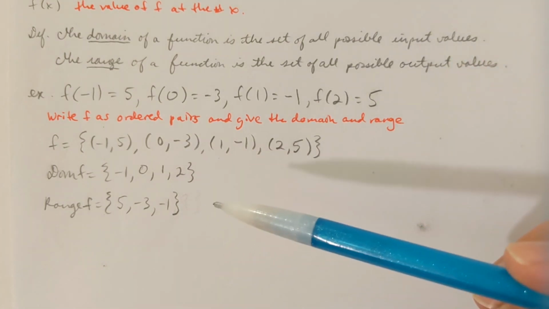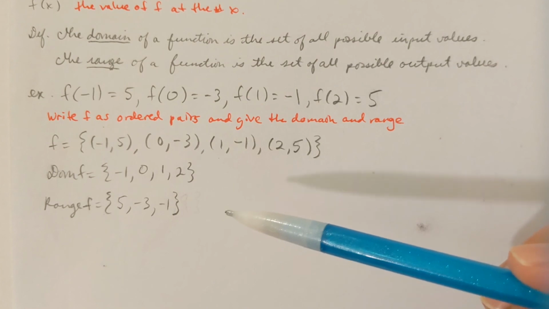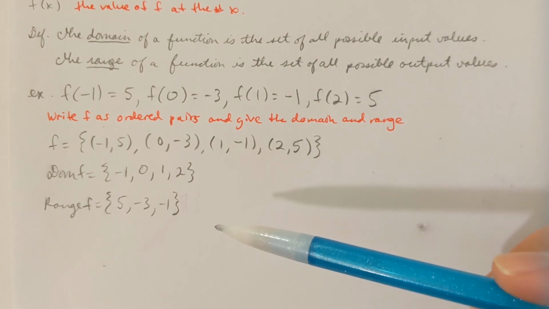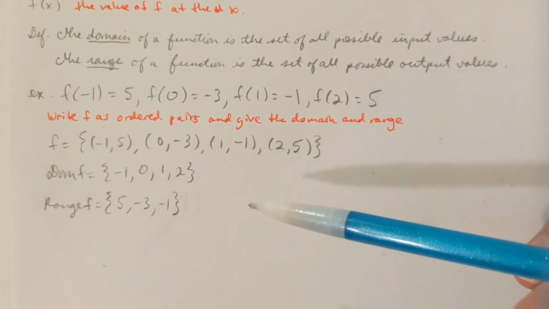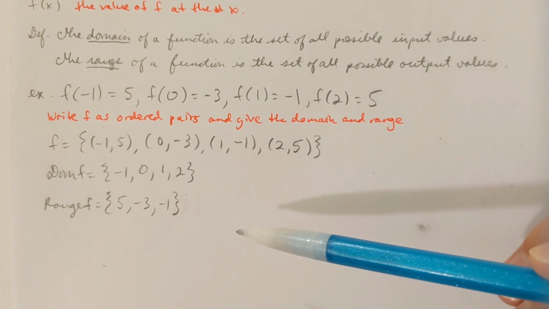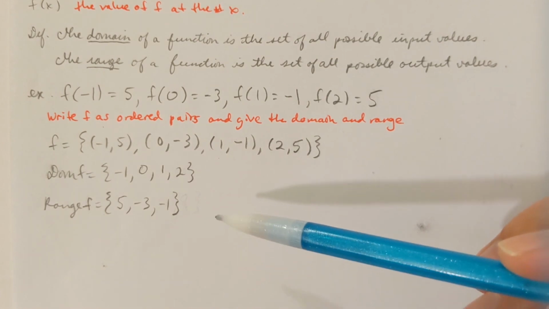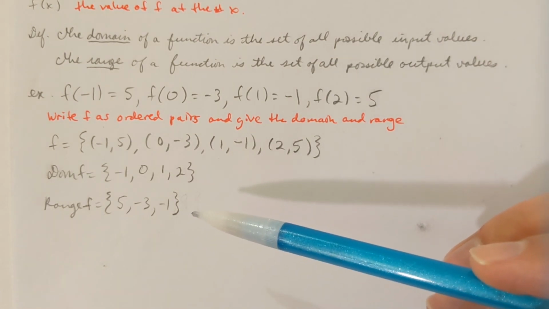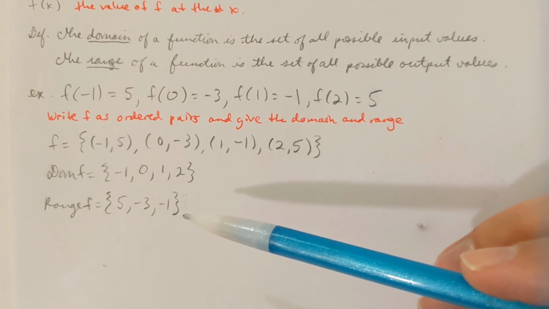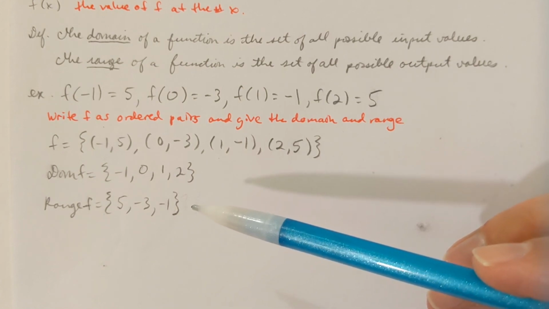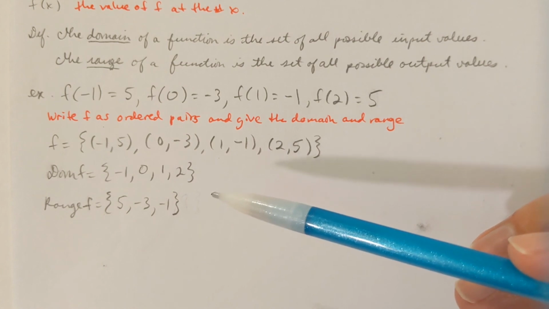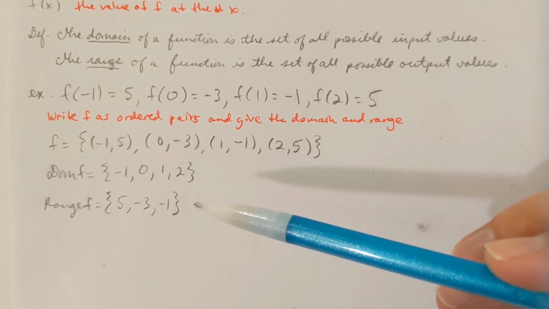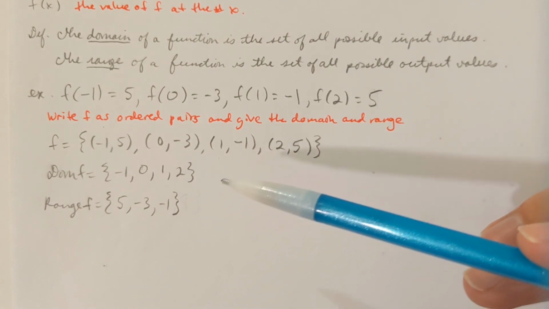In fact, I can write any number as many times as I want. I would only count it as one that is different from the others. So if I were to write down the set containing 5, -3, -1, and 5, that would be fine. What I have written here is fine too.